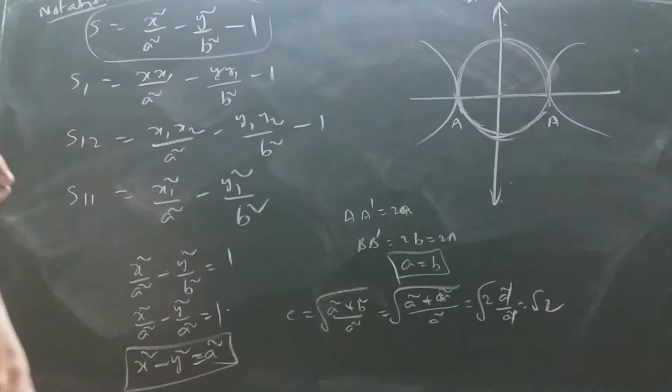This we call the rectangular hyperbola. If a is equal to b, the eccentricity is root 2. Here we have to discuss another point.